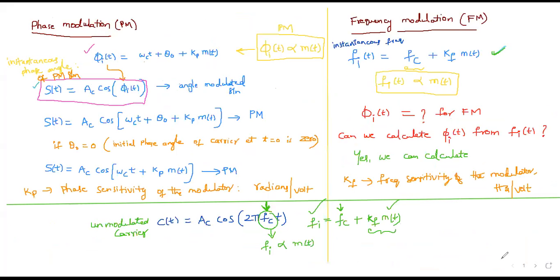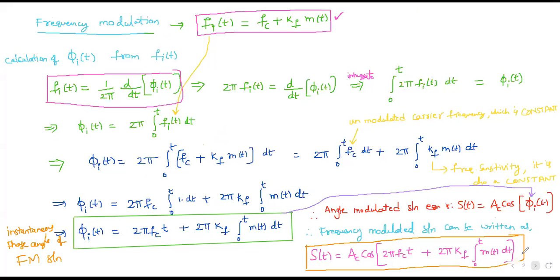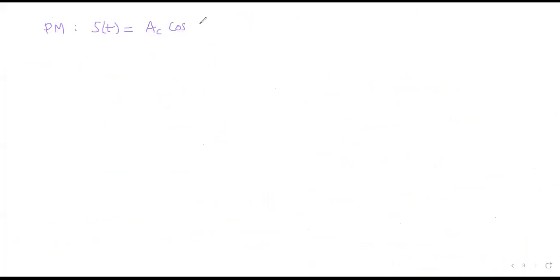Phase modulation signal, S of t is equal to AC cos, what did we write? Omega ct plus kp into m of t. Am I right? That omega c, I'll just expand it: 2 pi fct plus kp into m of t.